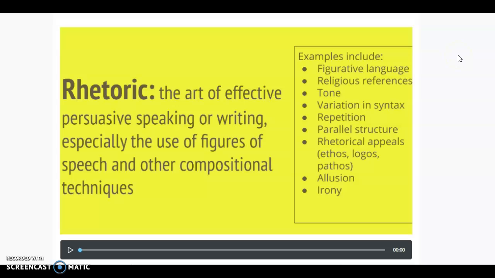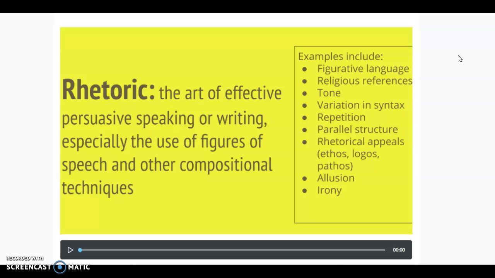So as a reminder, I just pulled up the slides from the Nearpod last class. Rhetoric is the art of effective persuasive speaking or writing, especially the use of figures of speech and other compositional techniques. So in novels or narrative writing, we look for literary devices. So similes, metaphor, figurative language. Sometimes we do have that repetition.